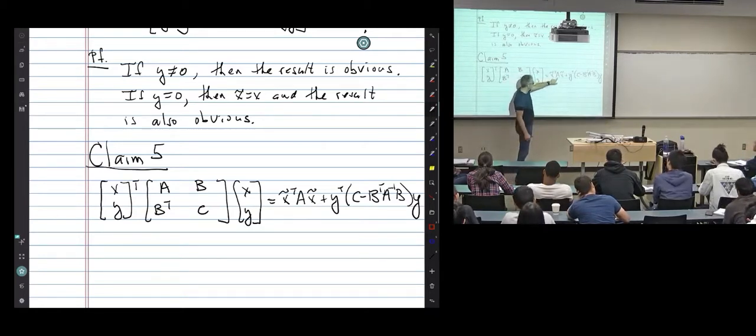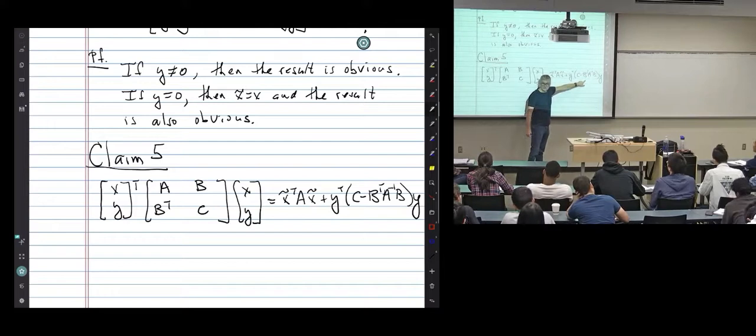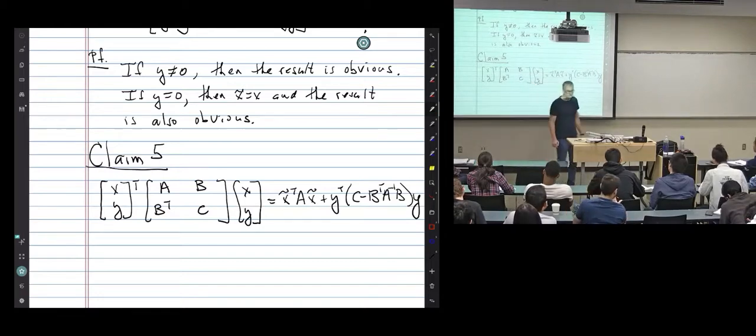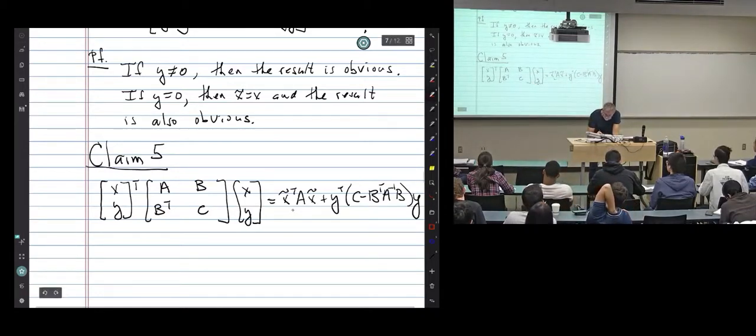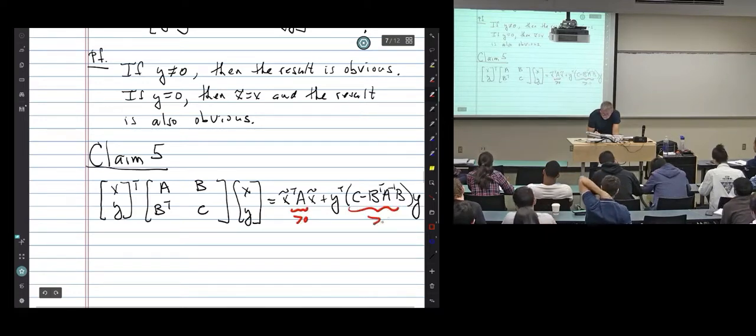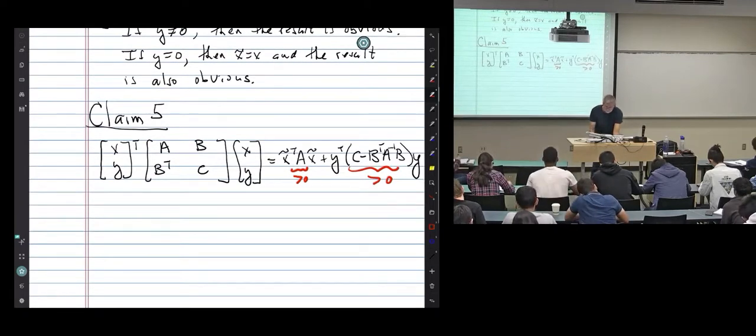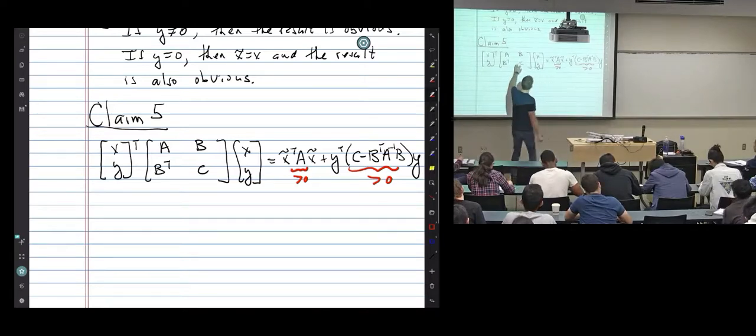But this is positive definite, and this is positive definite. So at least one of these terms is strictly positive, okay? This is positive definite. This is positive definite, okay? So we get that M is now positive definite.